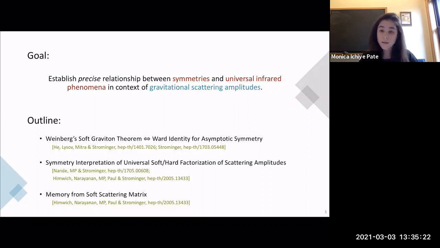The second part of the talk will explain how this does indeed apply to the universal soft-hard factorization of gravitational scattering amplitudes. In the final part of the talk, we'll see that the soft part of the S matrix can be used to construct a natural infrared safe observable, which I'll then explain can be identified as the universal observable known as gravitational memory.